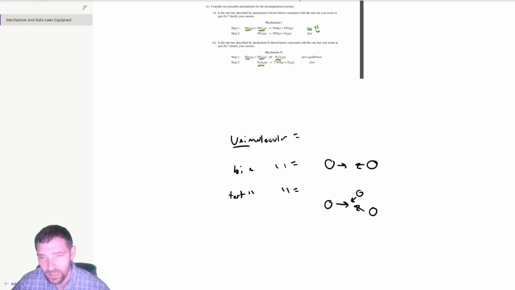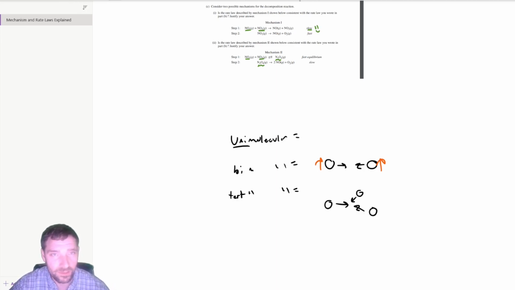So if you were to increase the concentration of two things that are required for a bimolecular step, then it's going to end up having a squared effect on how fast the rate is. Because now you're not just having twice of one thing, but you've got twice of a second thing. So there's four times as many collisions.